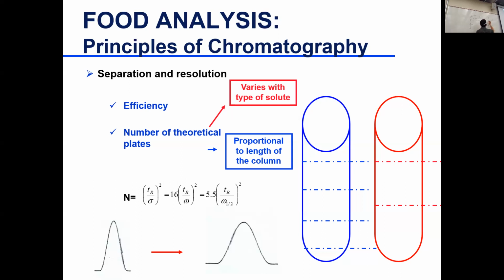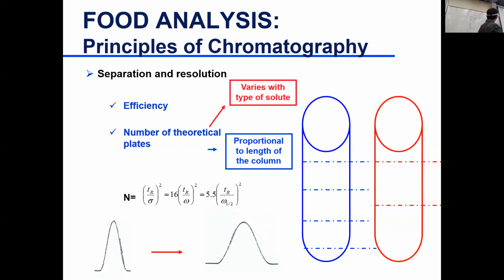Then you have a longer distance to reach equilibrium. When this happens, then this is your peak. The peaks widen instead of being sharp, with the bands going down and remaining sharp, versus dispersing within the column and becoming a wider peak.